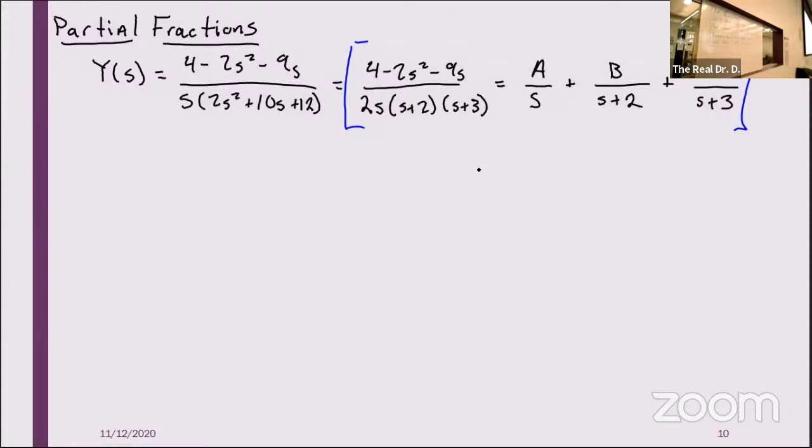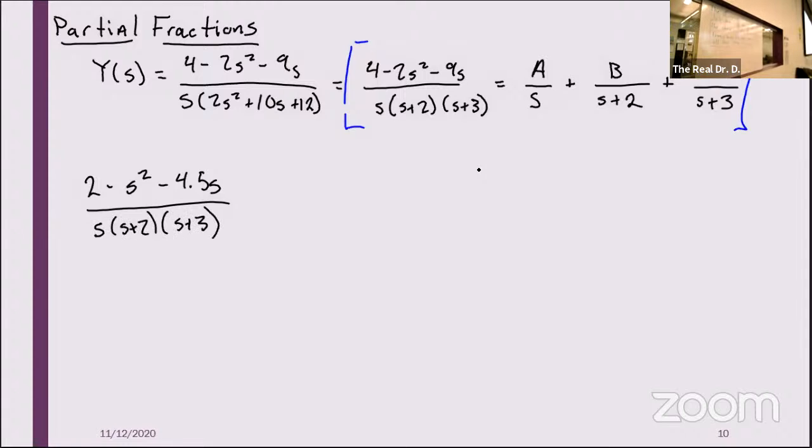Before we do that, I'm going to divide by 2 on this one, to get rid of this term in front. So let me rewrite that: it's 2 minus s squared minus 4.5s over s times s plus 2 times s plus 3.